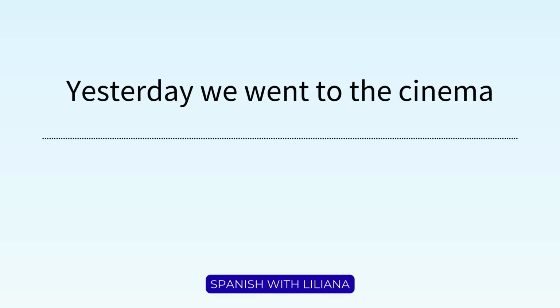How about this one? Yesterday we went to the cinema. How do you say yesterday in Spanish? Ayer. We went becomes fuimos. We can add the pronoun as well. Nosotros fuimos, but it's not required. And how do you say to the cinema?